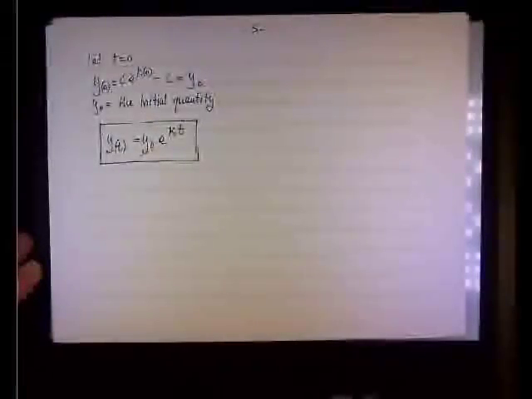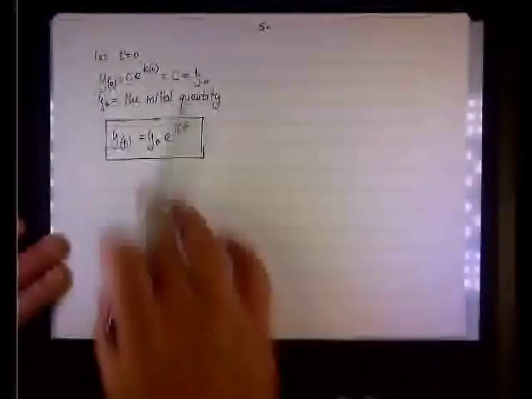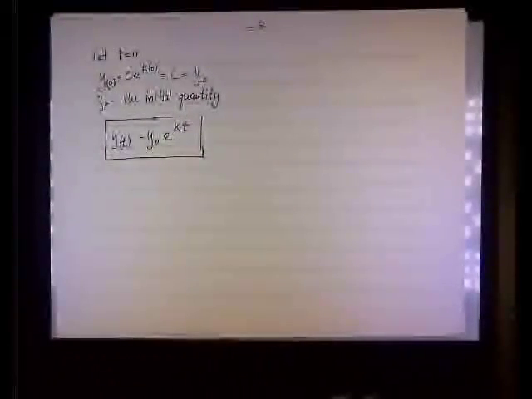Compare it to the annual growth PAT, p equals p sub 0 a to the power of t. So this is the result of natural growth or decay, depending on if k is positive or negative.